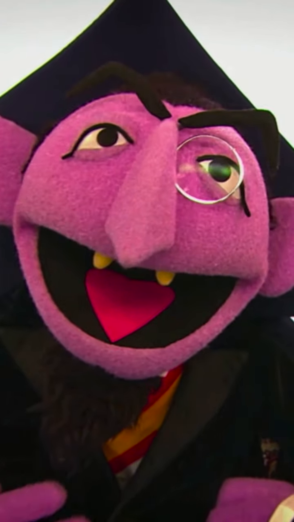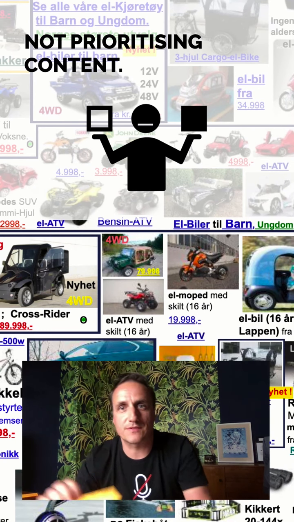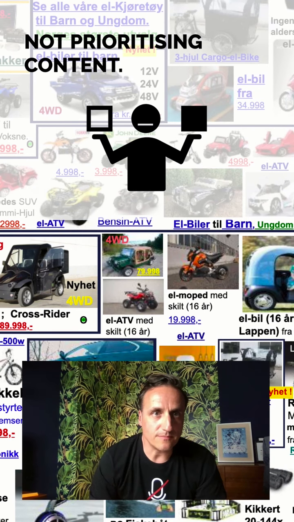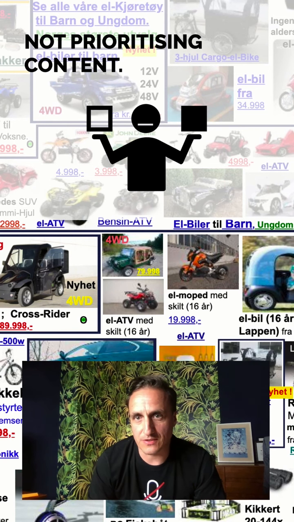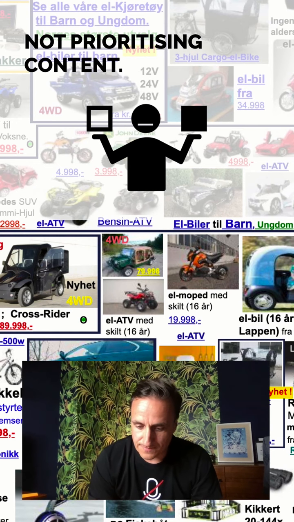Number 7. Yeah, so this sort of falls into the always think of the context the user's in category. So, not prioritizing content.